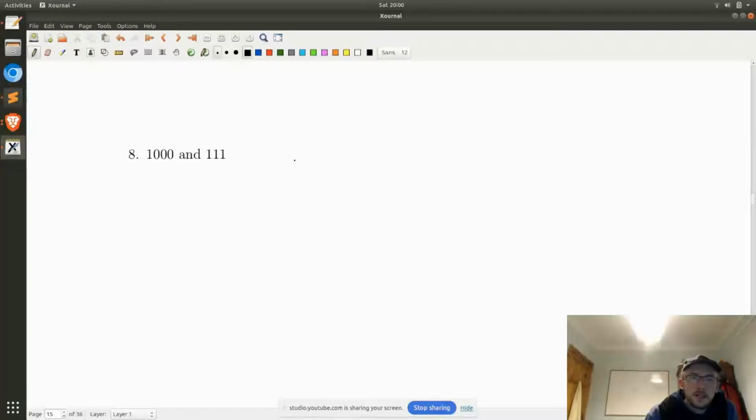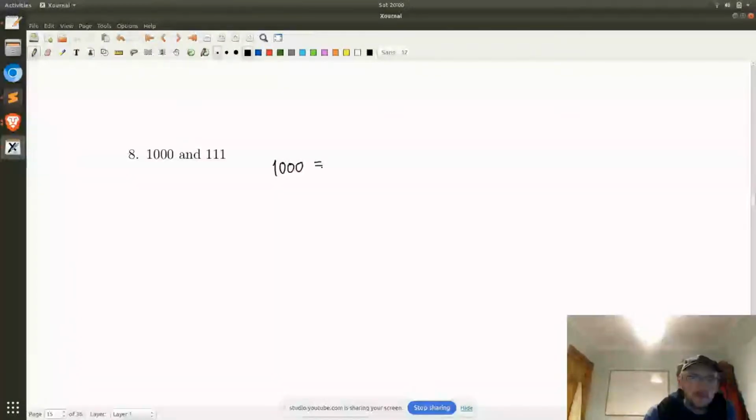And now for 1111. 111 has 999 as a multiple. But I guess that won't help me too much. No, it will. It will accelerate it rapidly, actually.